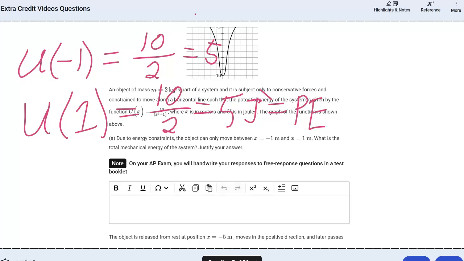So the maximum potential energy in the system would be at these 2 points, because the kinetic energy at these 2 points would be 0. Because it says the object can only move between x equals -1 and x equals 1. So it's out of kinetic energy. So that means it's all potential energy here, and our potential energy is 5 at both of these points. So our total energy of the system would be 5. So our answer to A is going to be 5. And that's our justification.